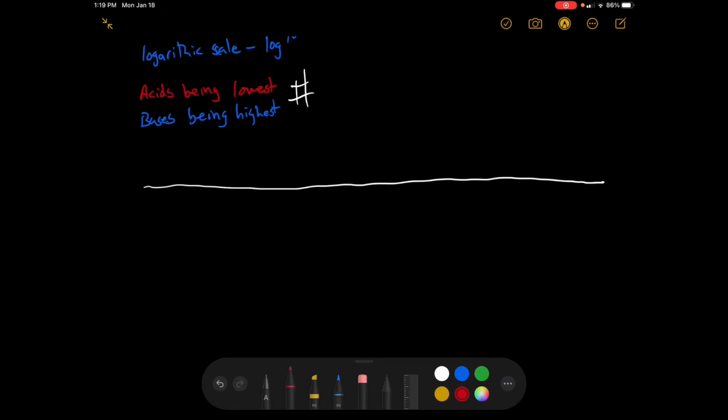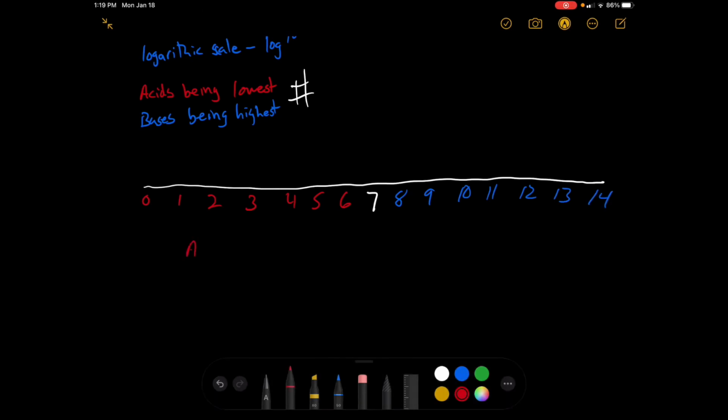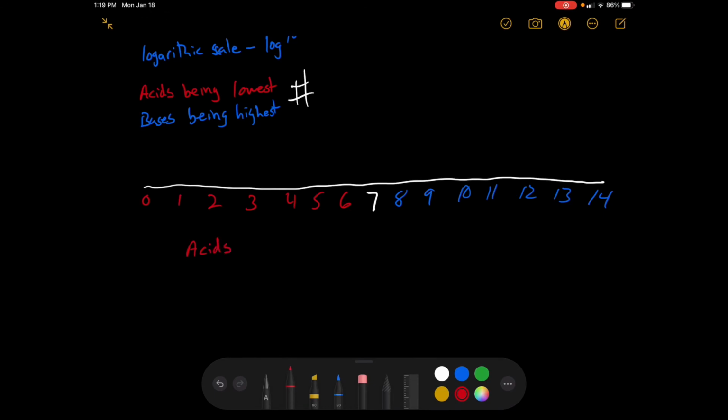So let's make the acids in red: 0, 1, 2, 3, 4, 5, 6. And then we'll make the neutral, 7, in white, and then you're going to make the bases 8, 9, 10, 11, 12, 13, 14. So these are acids, and these are your bases.